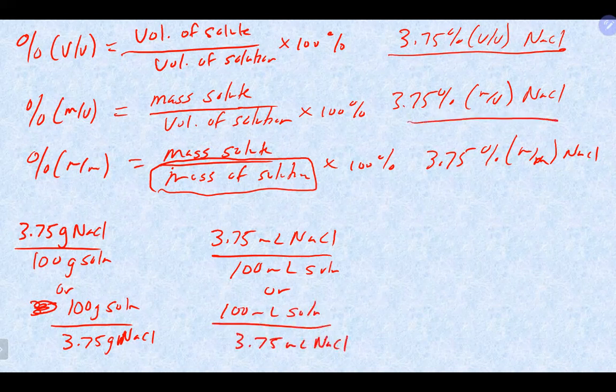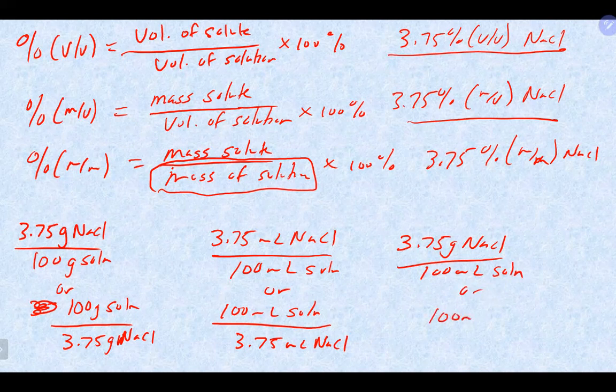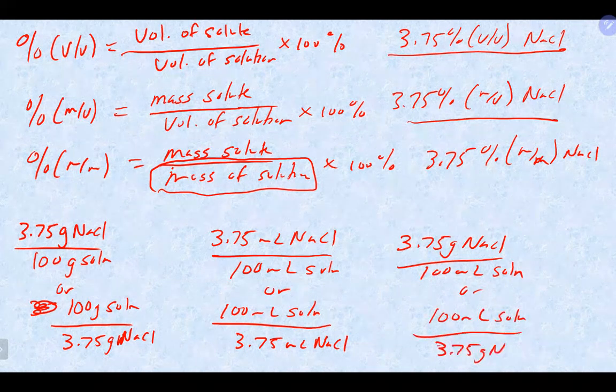And for the middle one here, 3.75 grams of sodium chloride over 100 milliliters of solution, or 100 milliliters of solution over 3.75 grams of sodium chloride. This one here is kind of like density, right? Grams per milliliter is basically what we got going on there.